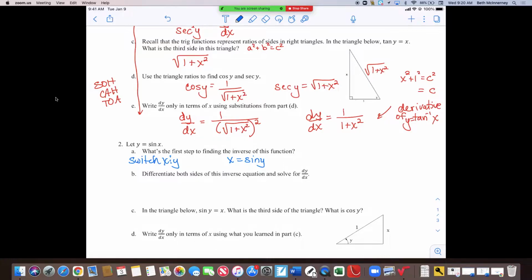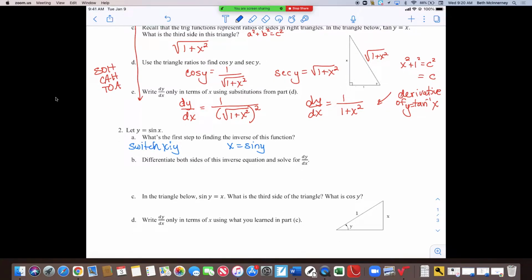Now we're going to differentiate both sides of this to solve for dy dx. So this would be 1 equals, what's the derivative of sine? Cosine, so that's the cosine of y, dy dx. So dy dx is 1 over cosine y.